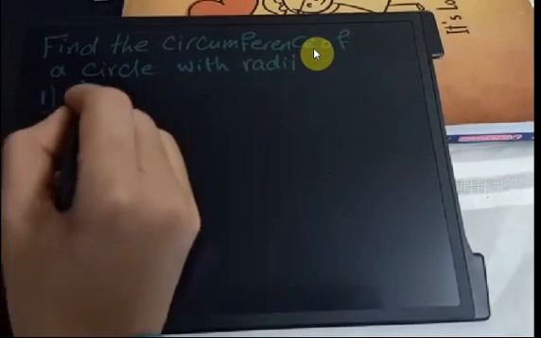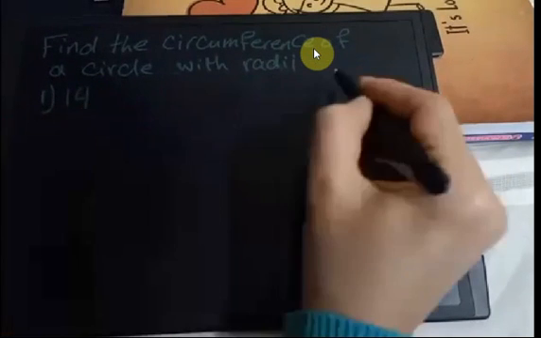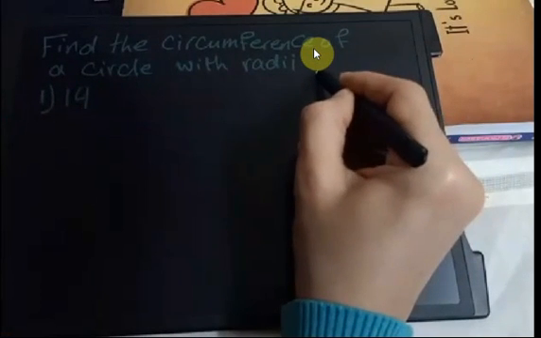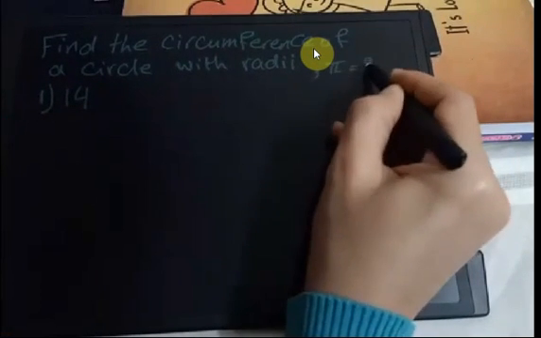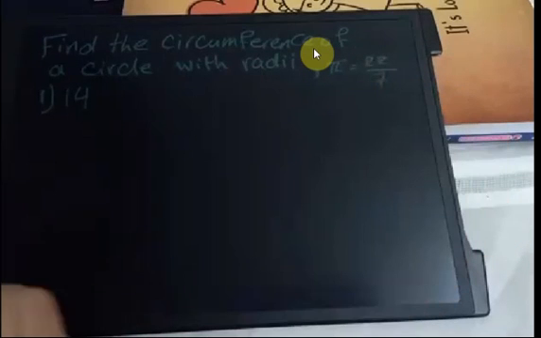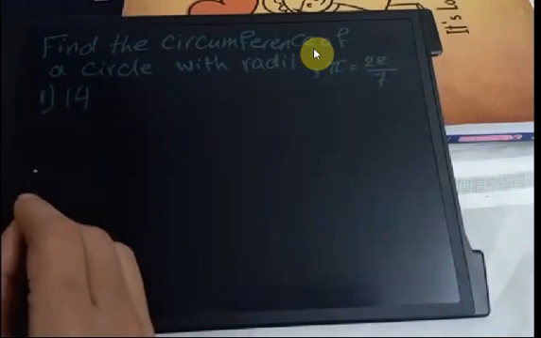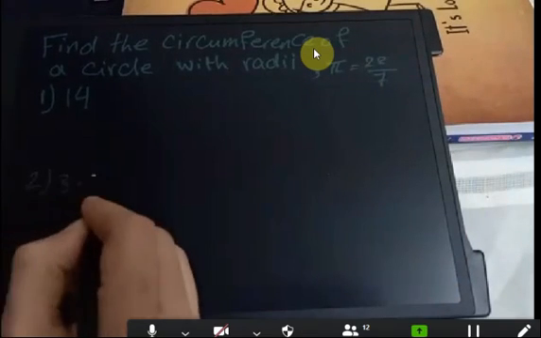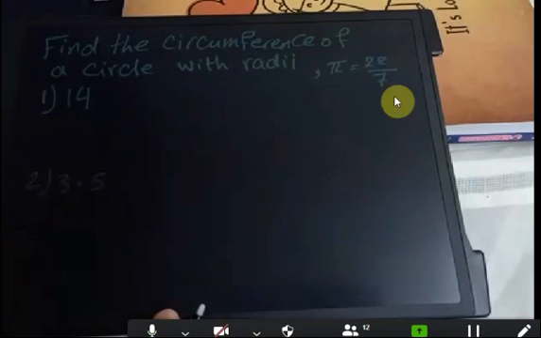Here it is, the first one is 14, and consider the pi equals 22/7. Okay, and number 2, 3.5. Who's gonna answer the first one?